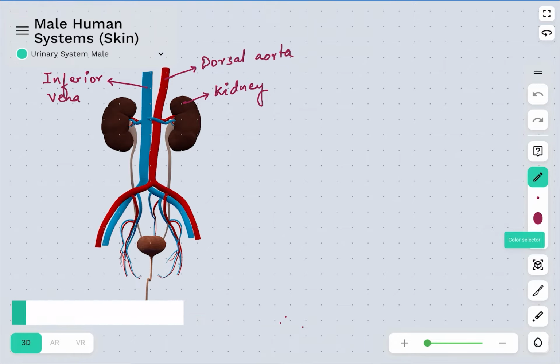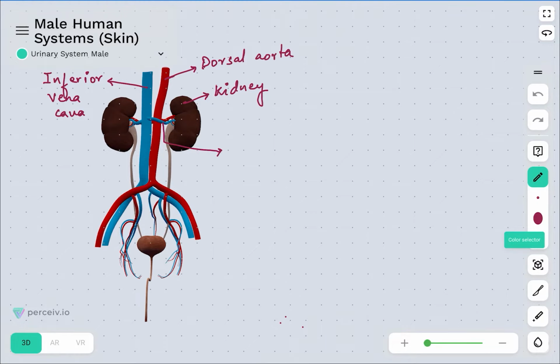The inferior vena cava is the blood vessel that will enter the heart. It goes from the kidney to the heart, carrying deoxygenated blood. While the dorsal aorta is the blood vessel that leaves the heart and enters the kidney, carrying oxygenated blood. So that is the dorsal aorta and inferior vena cava.